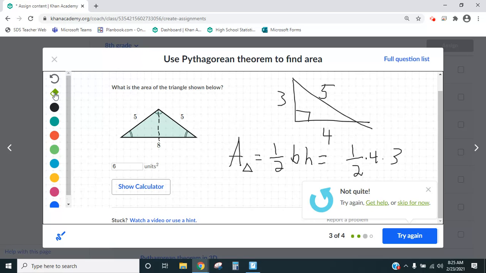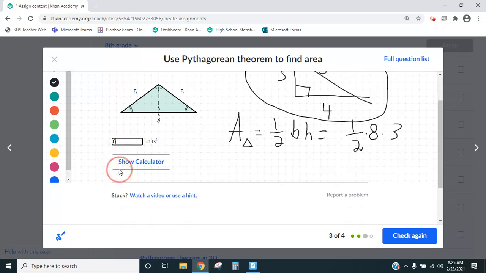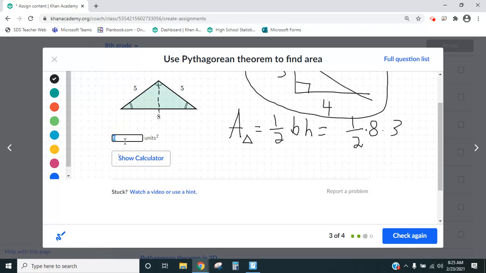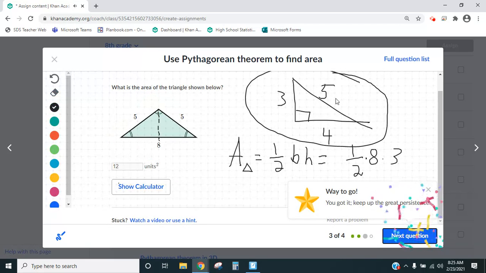Guys, I missed it. You know why I missed it? What's the base of the triangle? It's 8. Oh, now what did I find? I found the area of this one, right? Dang it. So anyway, going back to this, it will be 8 times a half, 4 times 3. It's double, right? I found the area of half of it. It happens. All right, here we go. Let's try those two.